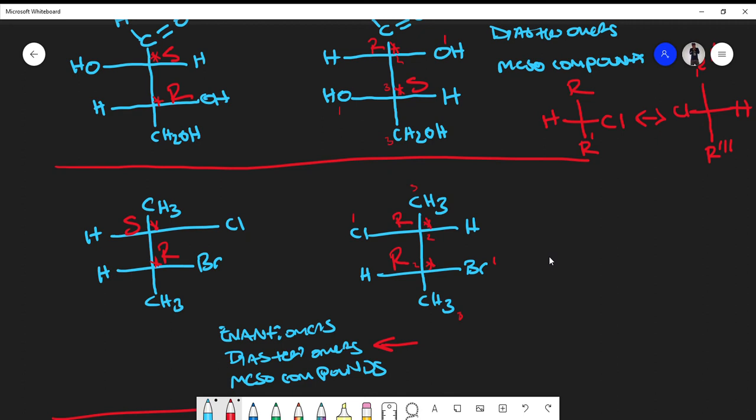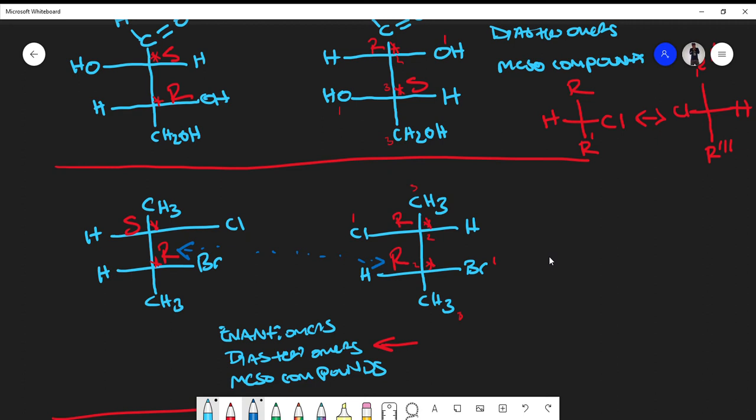Remember, the definition of a diastereomer says that a compound must have at least 2 chiral centers with 1 staying the same. So this carbon stays the same in both. It's R in both. However, the top chiral center actually changes from S to R. So these are diastereomers.